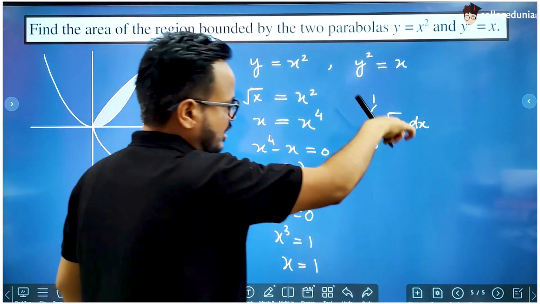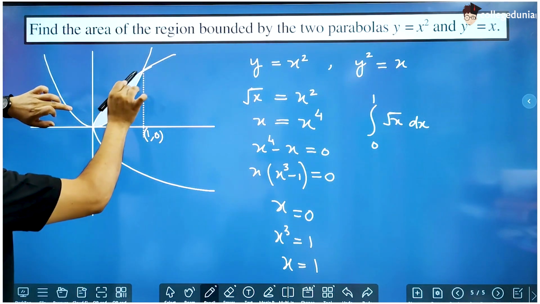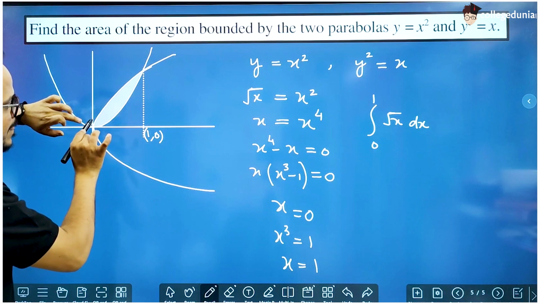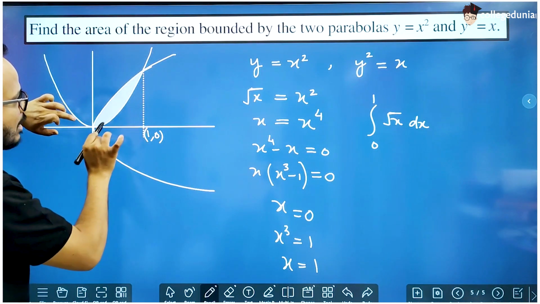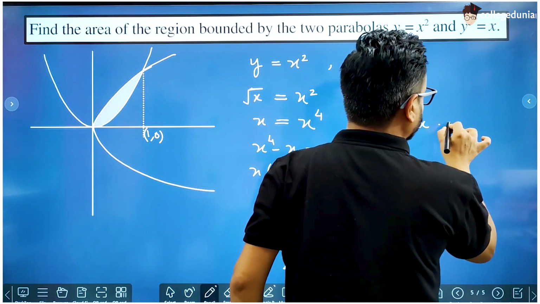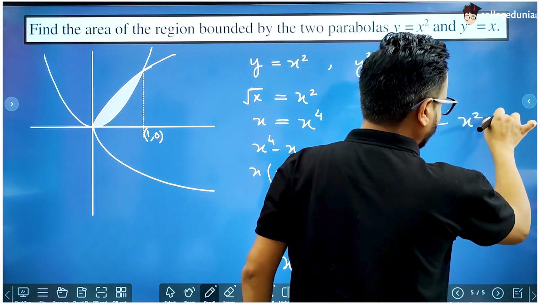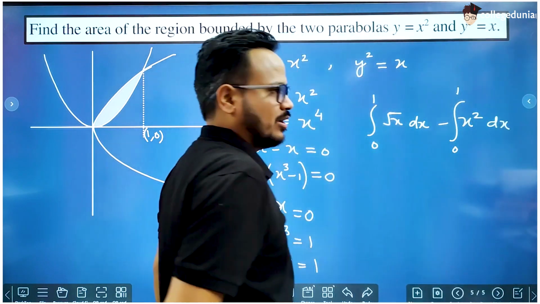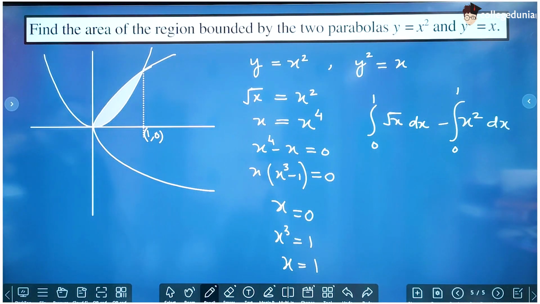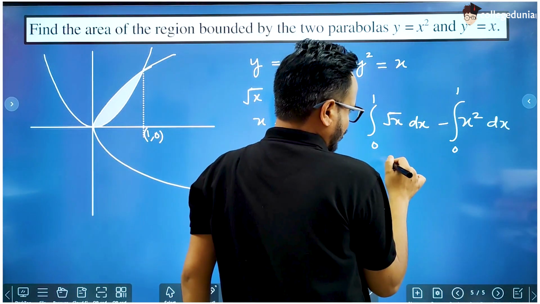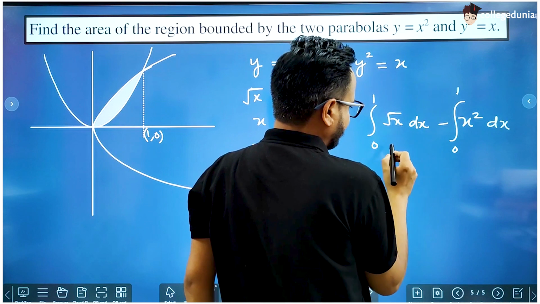So this integral will give us this whole area, but we do not need this area. So let us subtract the area bounded by this parabola, which is this, and y of this is x square. So minus x square dx from 0 to 1. What is the value of this?